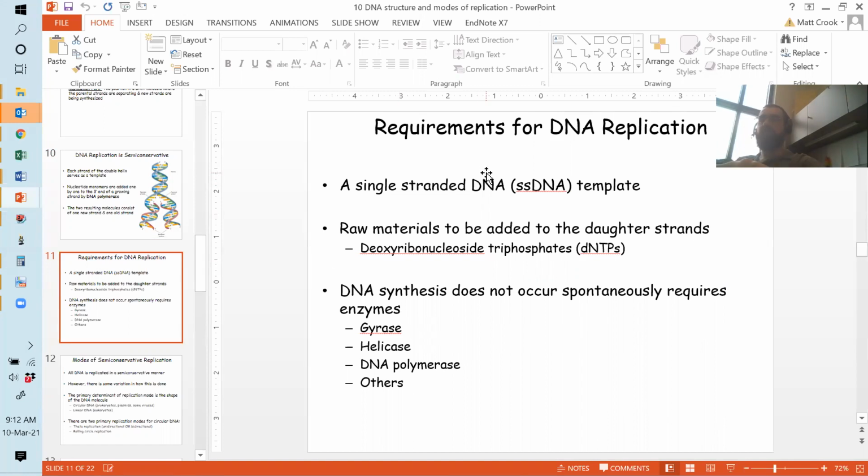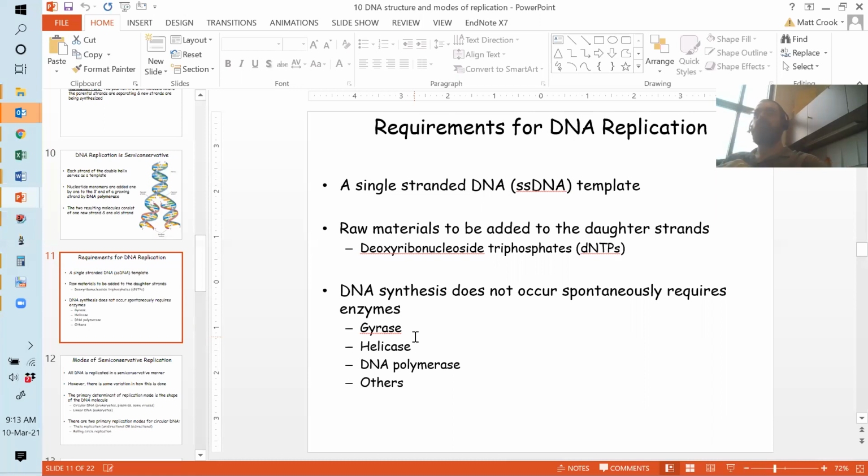And so we have to have single-stranded DNA, which obviously leads to the question, how is it opened? What do we unzip it with? Which we'll get to later. And so we have all these different tasks that we need to do.